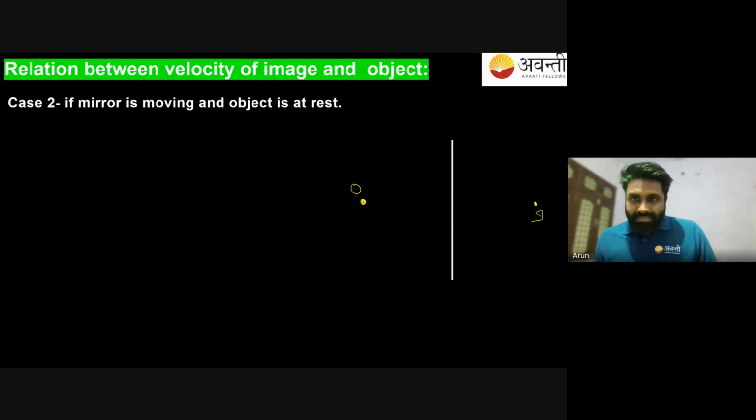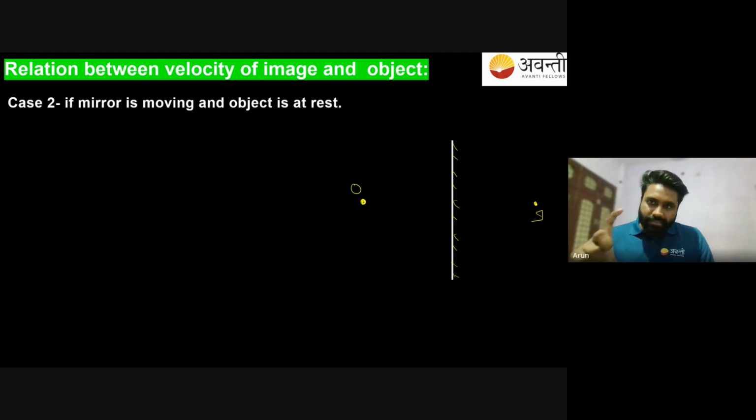In this case also both the cases are there. In the first case, if you pay attention to the lecture, I have measured all the velocity with respect to the mirror, and mirror is at rest. So I am measuring the velocity of object and velocity of image with respect to rest, means with respect to ground.